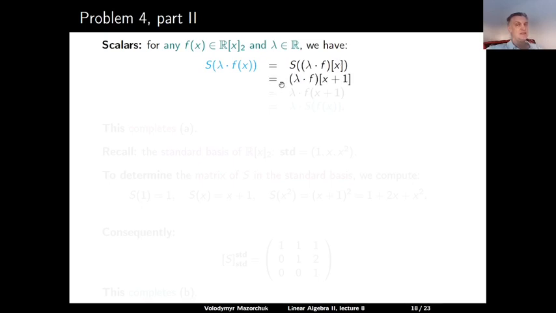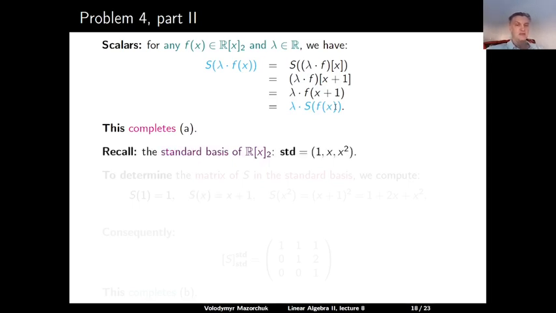By definition, this is lambda f evaluated at x plus 1. By definition of scalar multiplication of polynomials, this is lambda times f(x+1), and then f(x+1) is S of f(x). This completes part A, so we have shown that S is a linear map.